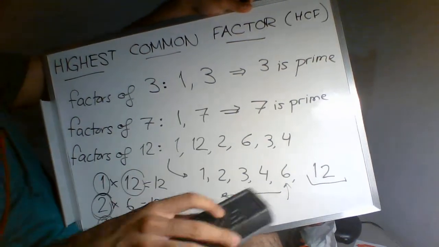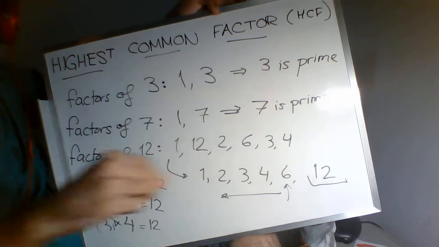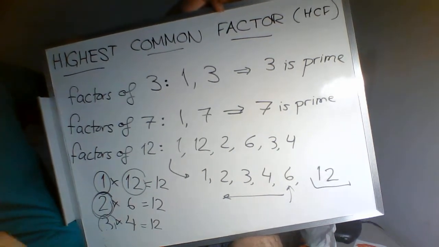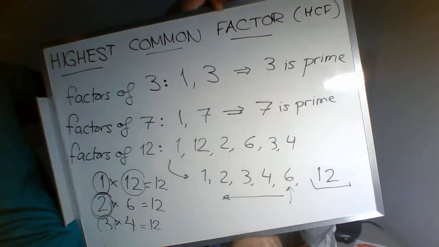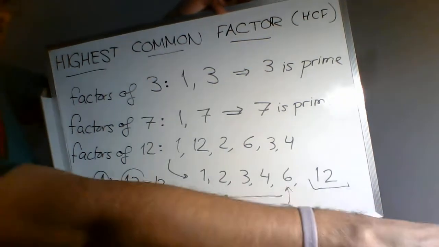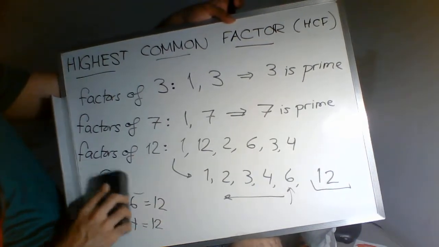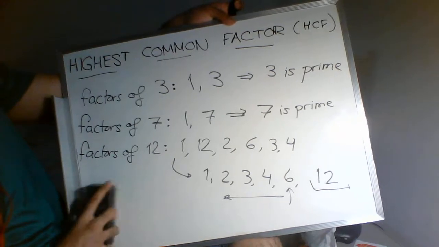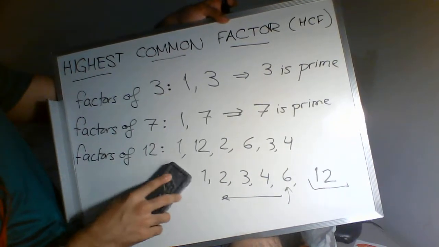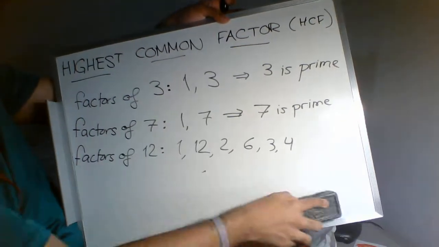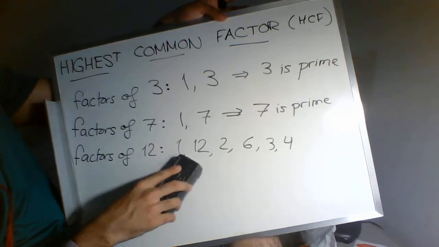We could look at one more. How are we doing for time? We're at about 25 minutes now. So maybe, yeah, we'll look at one more for factors, and then in the next video we'll start actually going through common factors and finding the highest common factor.